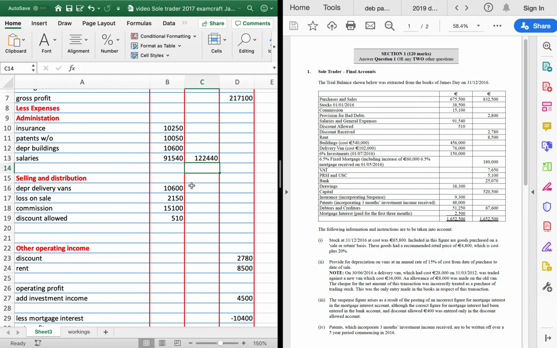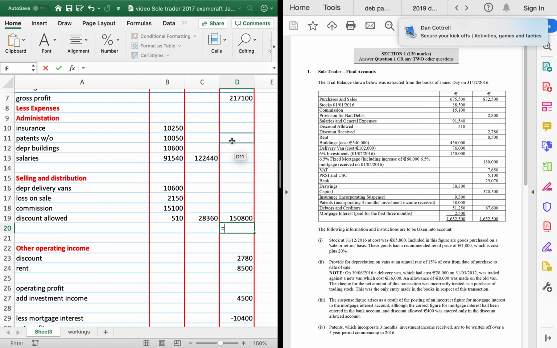So 122,440, and I'll just keep adding them up. Obviously expenses are taken away from your gross profit.